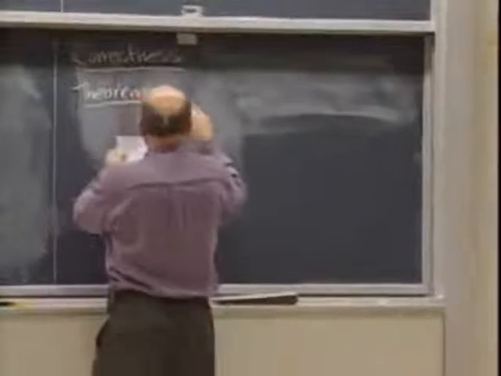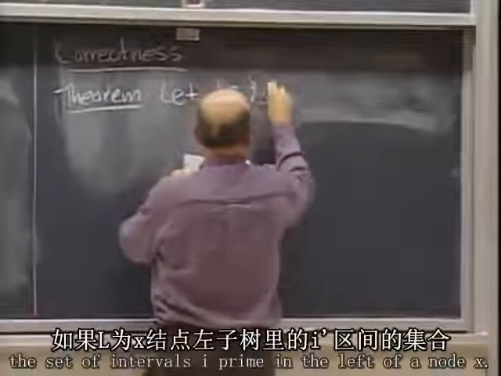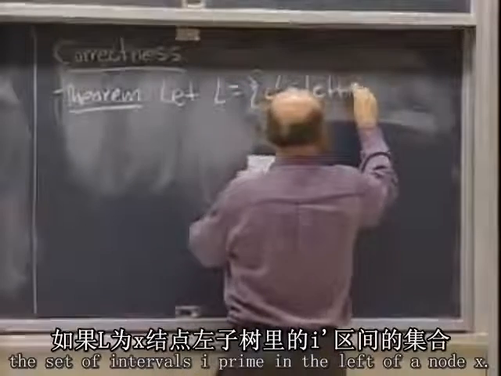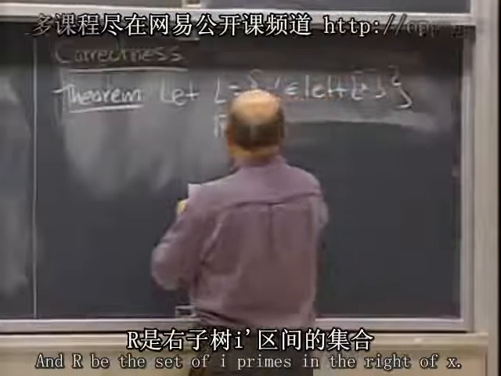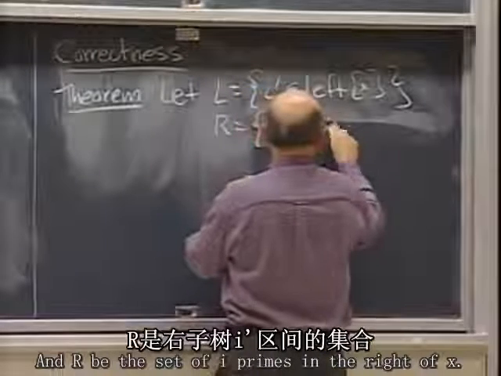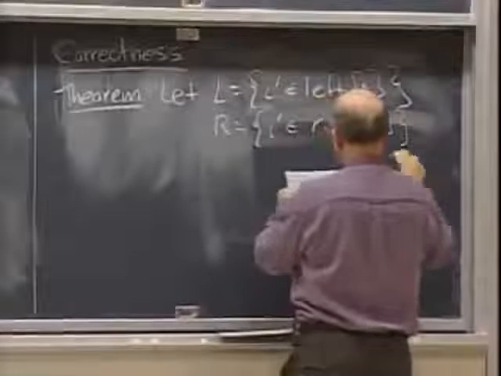The theorem is, let L be the set of intervals I prime in the left of a node x, and R be the set of I primes in the right of x.